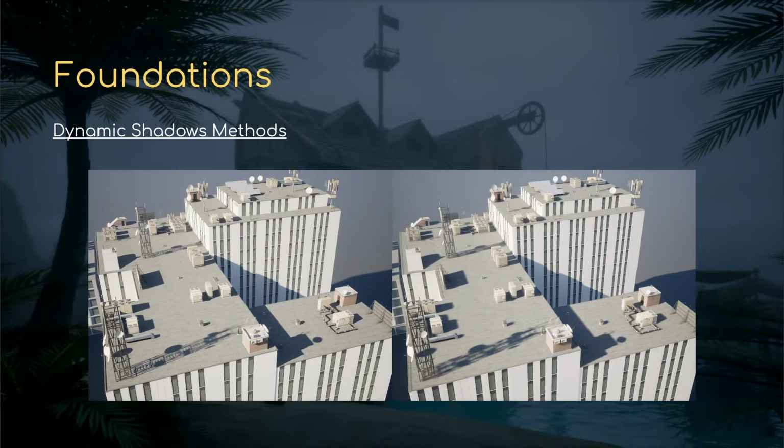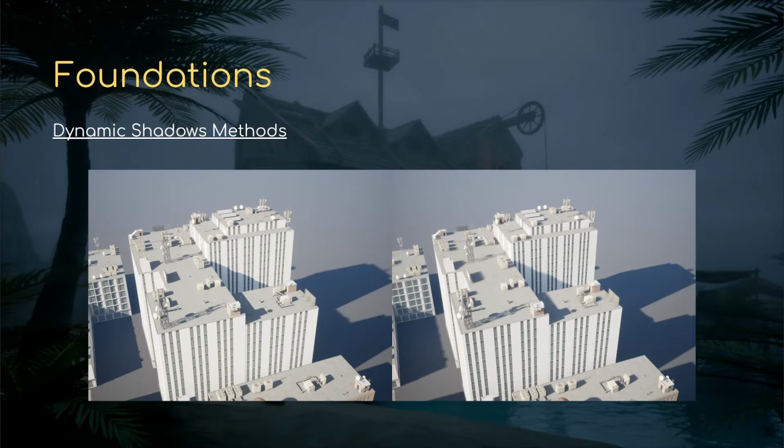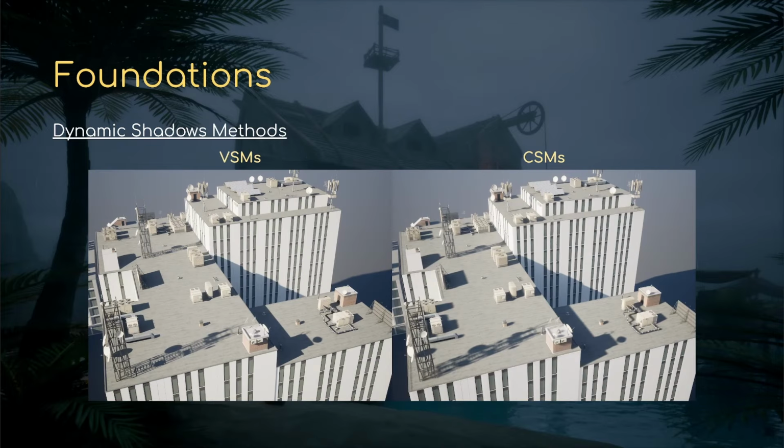I have this one and this one, so you can probably guess which one is which. The left one was VSMs, and the right one was cascade shadow maps. You can tell by the resolution, for example, here or here, and you can see that in the distance, these shadows still hold pretty well, while these ones are looking blurrier here.